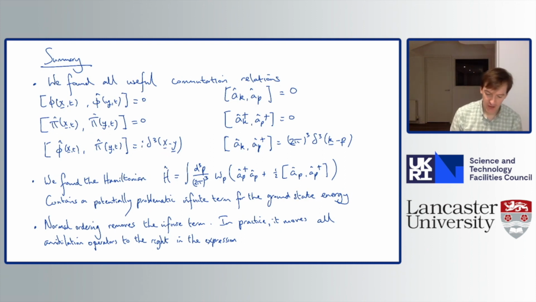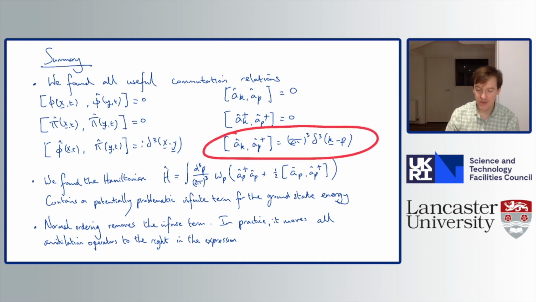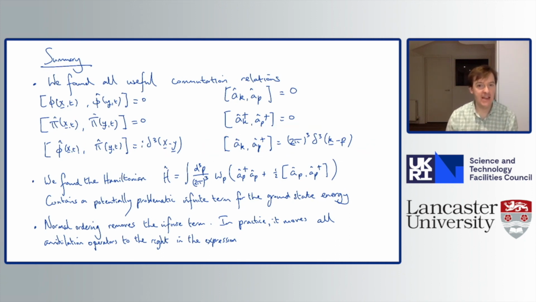We've got the commutation relationships between the pi and the phi fields, and expressing or inverting the relations between pi, phi, A, and A dagger. We derived the bottom relationships between the annihilation and creation operators, and in the problem sheets you'll work out these two.